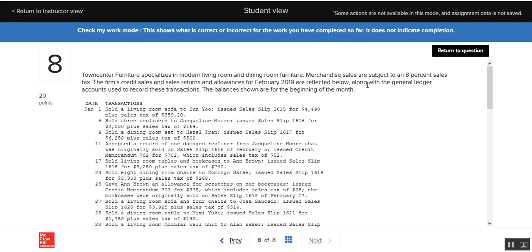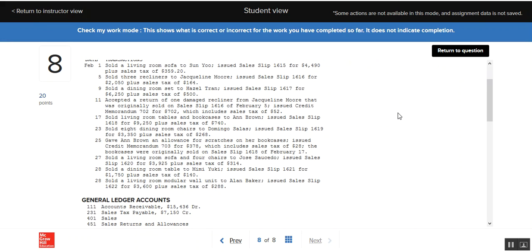So you have to do some algebra here. When we calculate sales tax, we take the total sales times 8%, and that equals the sales tax that's payable. So we know by that we have 3 variables. The sales times the sales tax percent equals the sales tax payable. 2 of those amounts we're given, so we can do some algebra and figure it out.